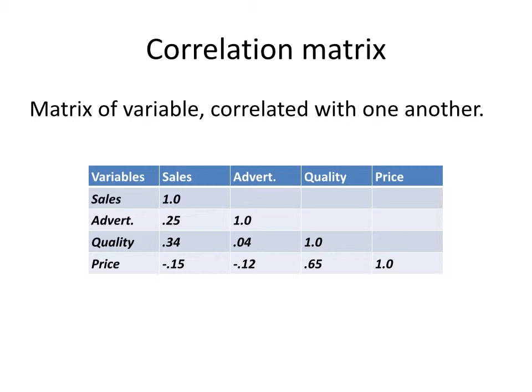In the next column, we look at some subtler relationships. Quality and advertising have a near zero relationship, which suggests that firms that have higher quality products are not advertising any more or less than firms that have lower quality products.